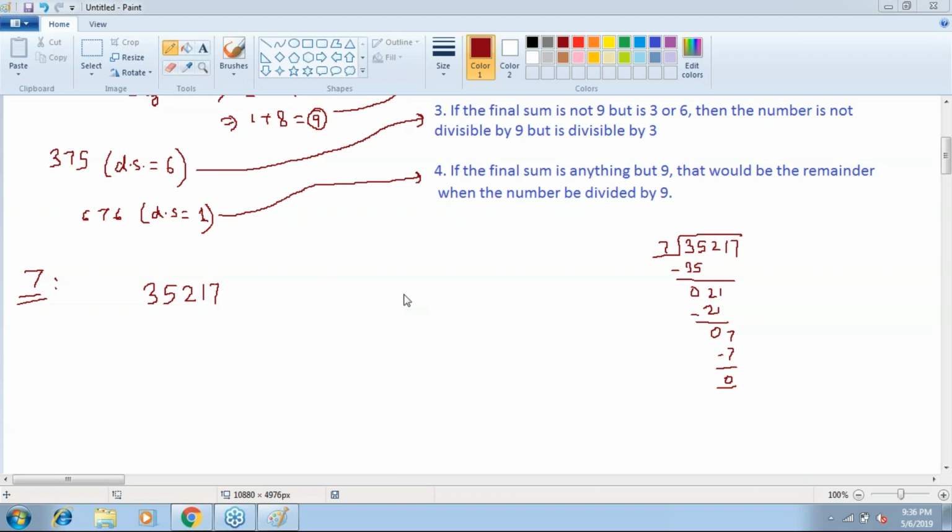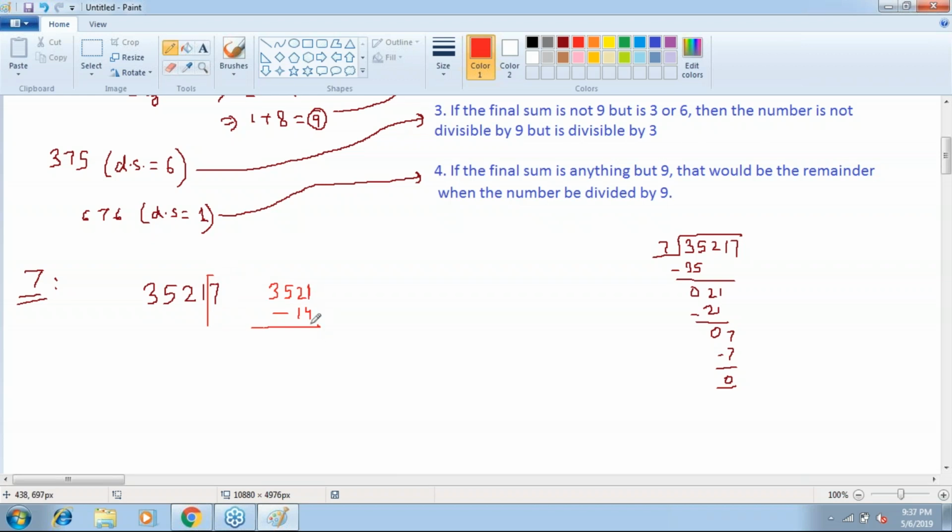Now, the rule says that you detach the last digit from the number and subtract its double from the remaining number.